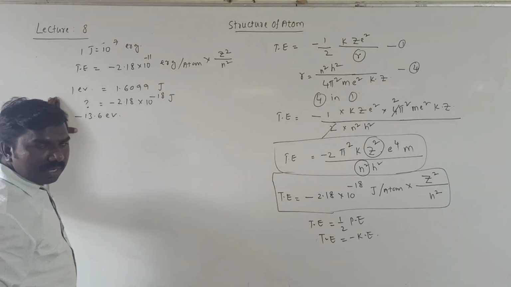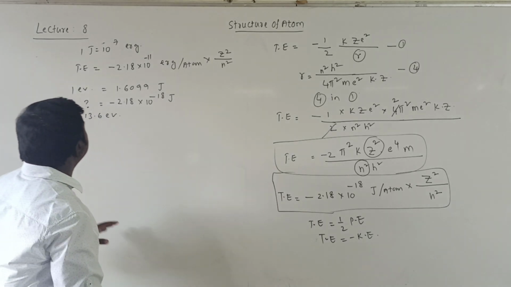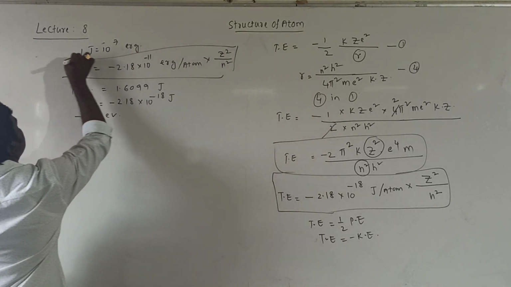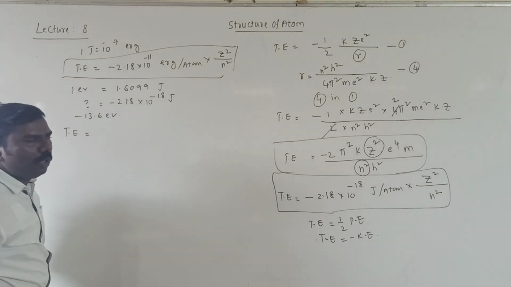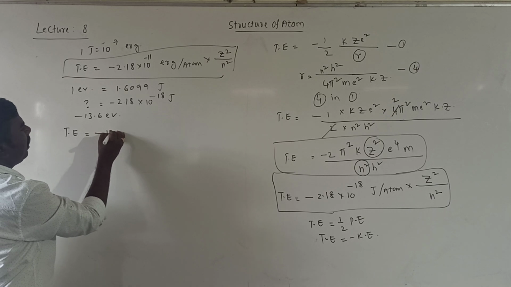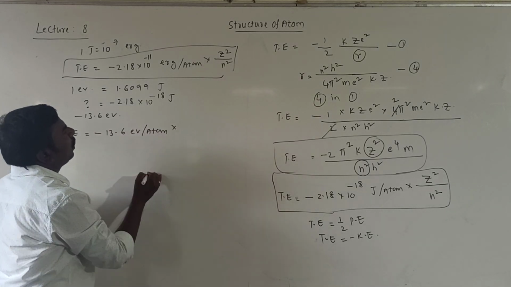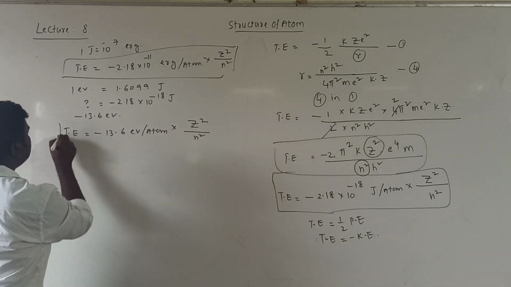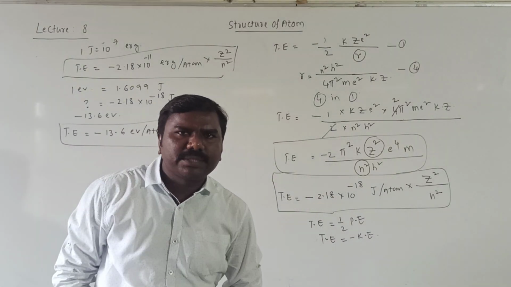I am converting the joules into electron volts. Then total energy, this is another formula: total energy of an electron is equal to minus 13.6 electron volts per atom into Z square by n square. This is another kind of formula, in electron volts.